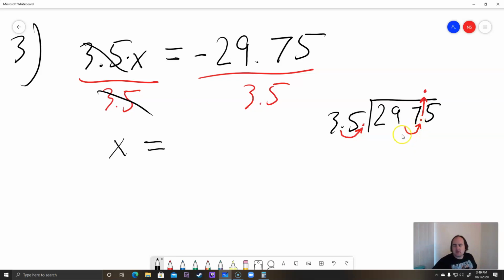So for the rest of it, we ask ourselves, how many times does 35 go into 29? Well, 0. How about 35 into 297? Well, I'm not sure, but I would say 35 times 2 is 70, and 7 times 4 is 28.